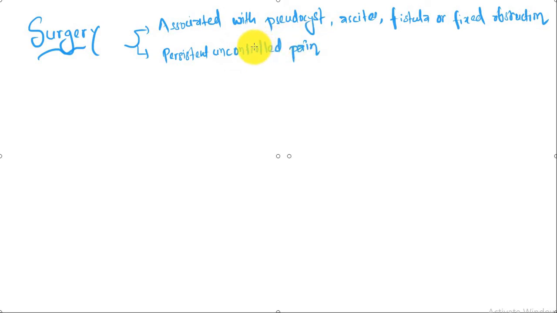So for the associated pseudocyst, we can perform internal drainage within the stomach, and for the persistent uncontrolled pain we can perform celiac block. Whereas there is something called fixed obstruction, we can remove the obstruction by the surgery.